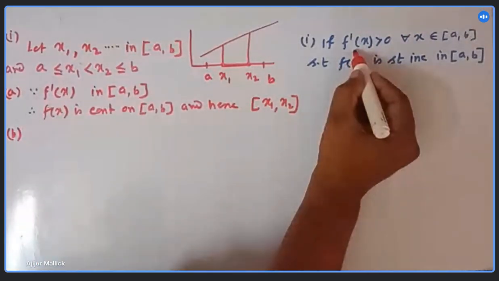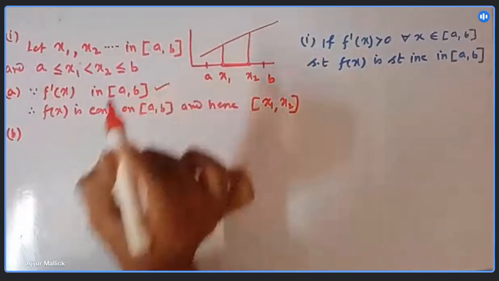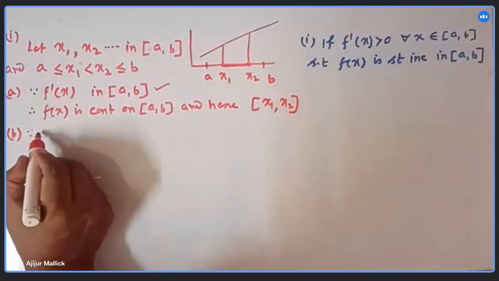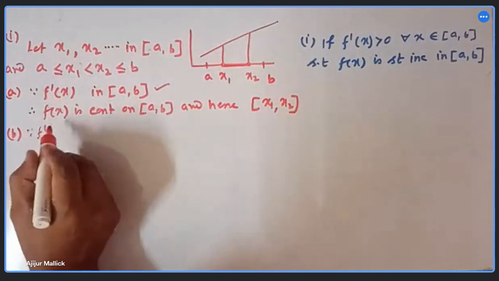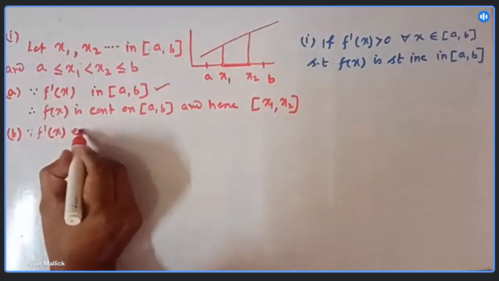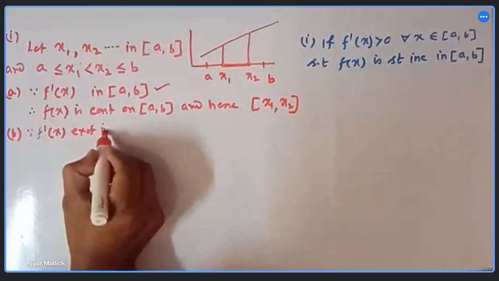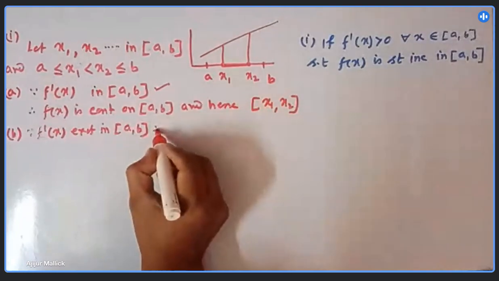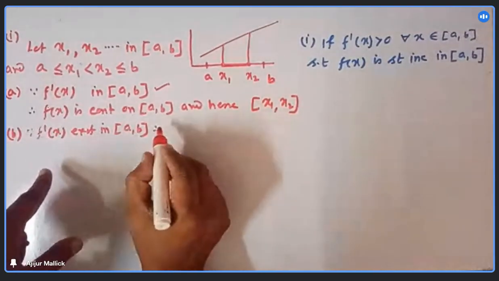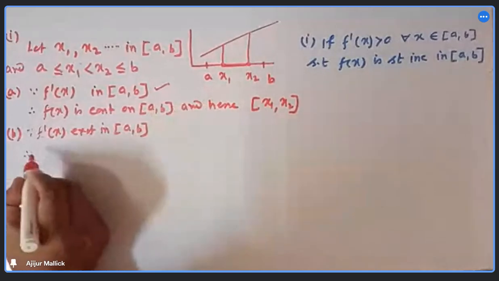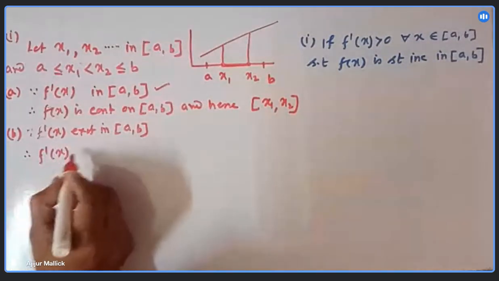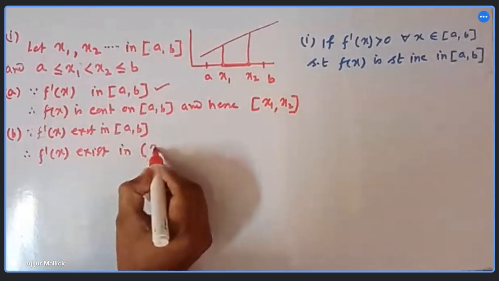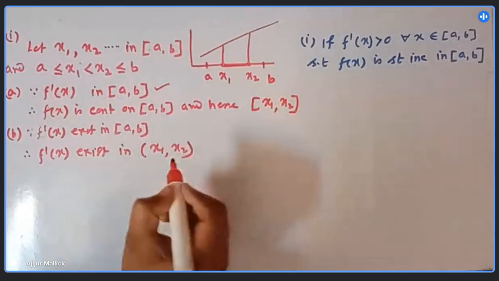Next is number B. Since f dash x exists in closed interval AB, therefore f dash x exists in the open interval (x1, x2).